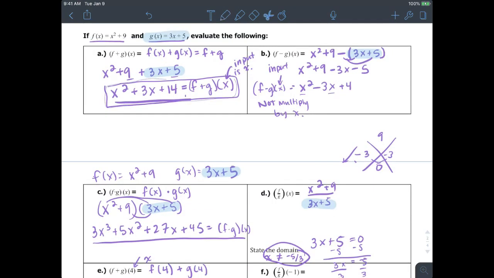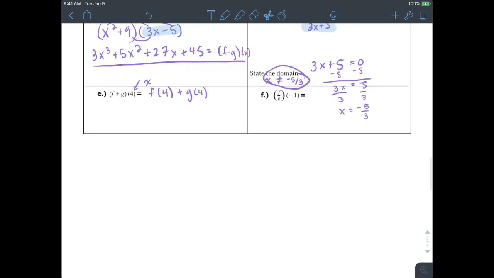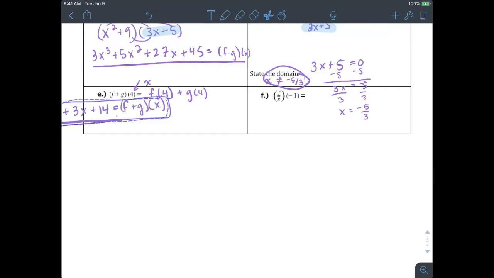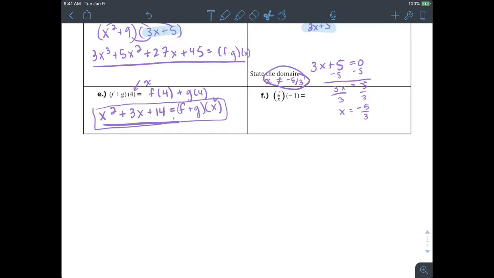Let's take this equation. Okay, so what I can do is f plus g of 4. So I've already added f plus g, which is this guy. So all I have to do is plug in the x value now. So 4 squared plus 3 times 4 plus 14.